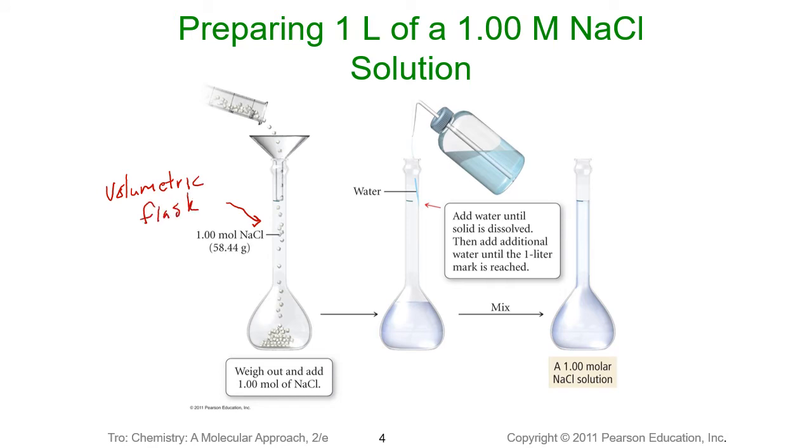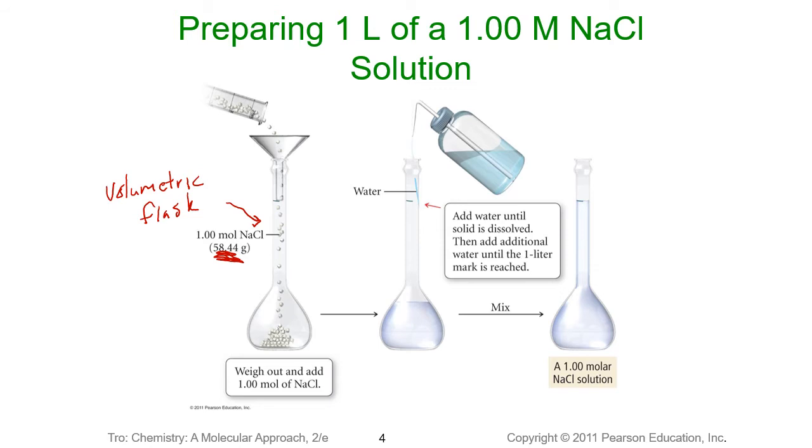So a volumetric flask measures out 1 volume very, very accurately. We add 1 mole of sodium chloride in, and the way that we add that in is using our molar mass to weigh out 1 mole of sodium chloride. So we weigh out 58.44 grams.